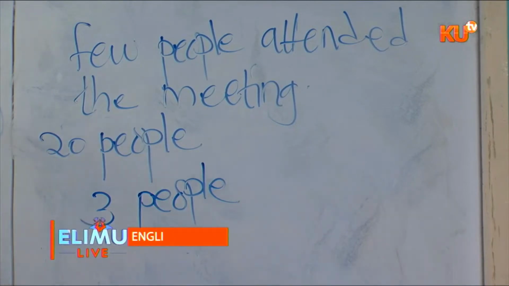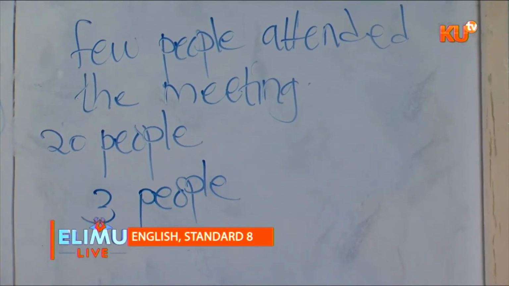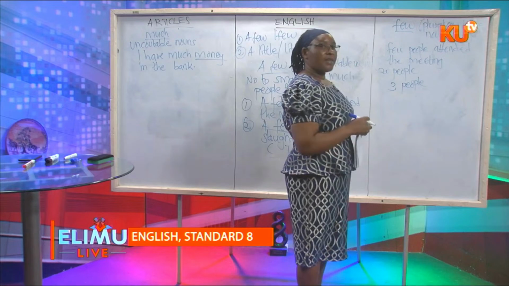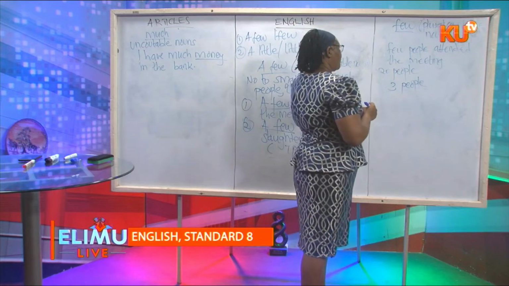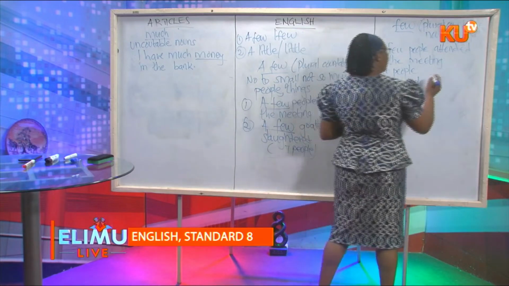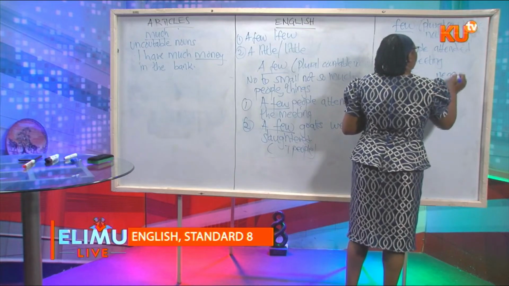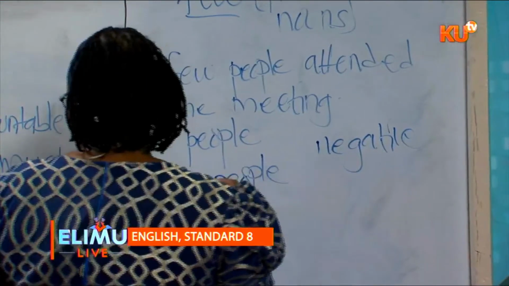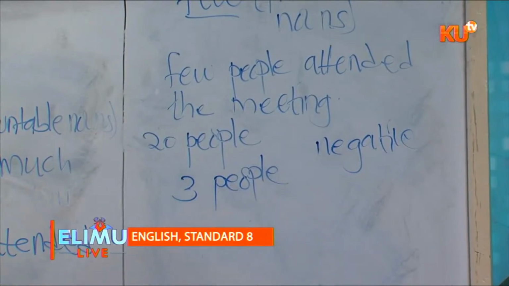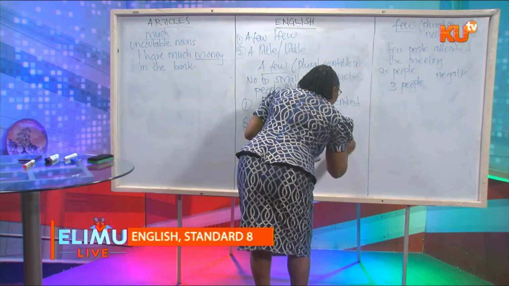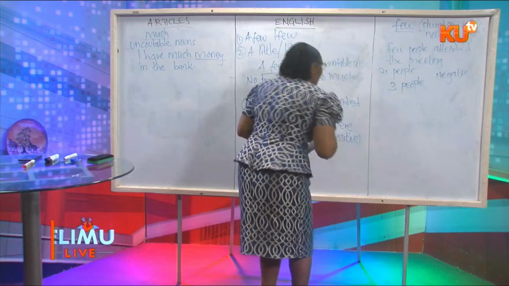So you find that few is of a lesser quantity than a few, and few is used in the negative, while a few is used in the positive. That is the major difference.